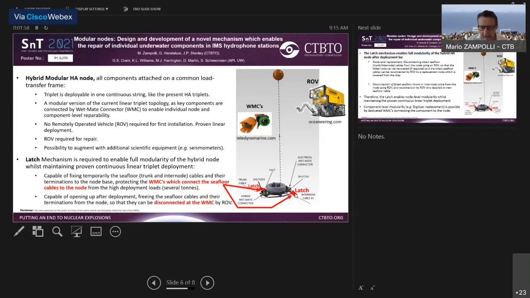These mechanisms are designed to isolate the wet-mate connectors back here from all the deployment loads. They transfer all the deployment loads to the structure and hold the cable tight, but can be opened after deployment so that at these 2 points you can detach, for example, the node and remove the entire node and replace it.